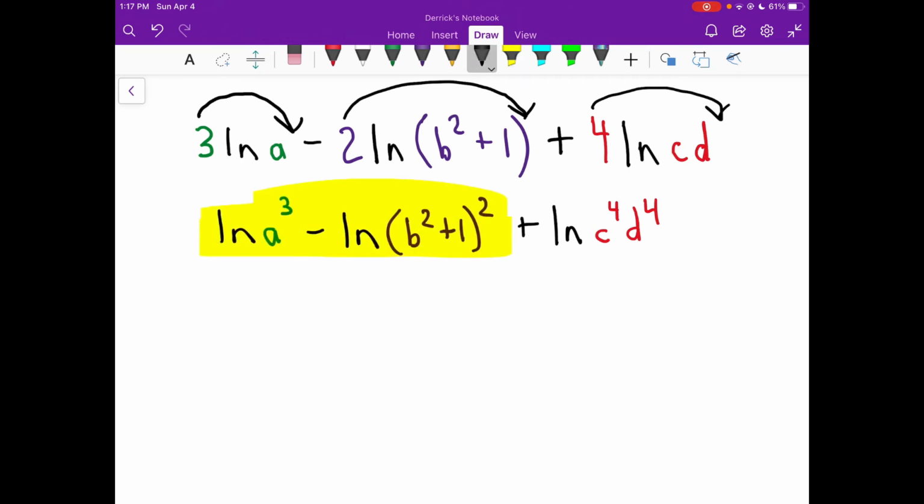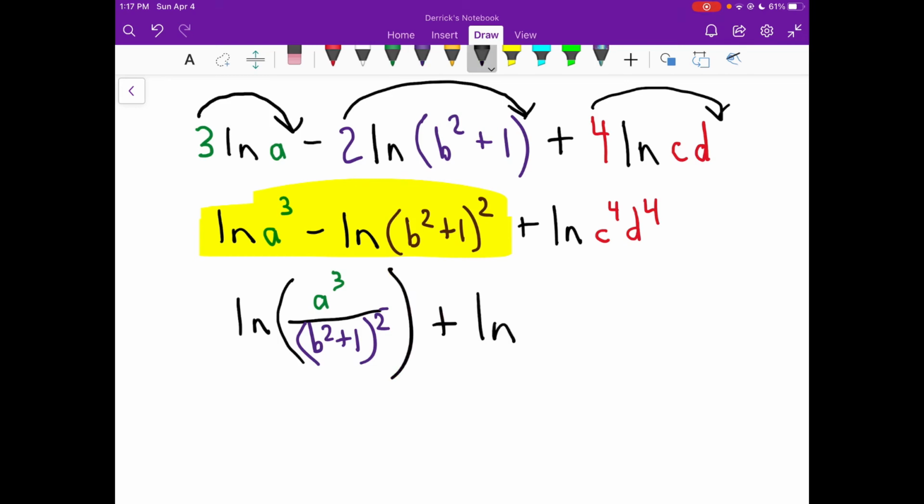And as we talked about at the beginning of this lesson, when we condense, that subtraction is going to convert into division, meaning we would have a single natural log, but we'd be taking the natural log of the quantity, or the rational expression, a to the third over b squared plus 1 quantity squared. And then that's still being added to the natural log of c to the fourth d to the fourth.